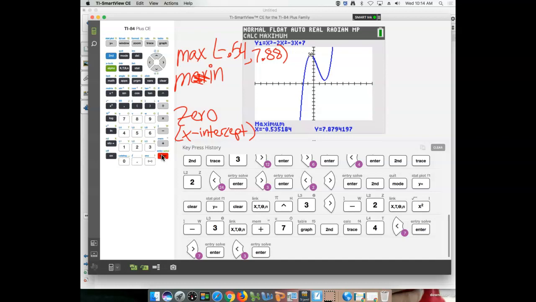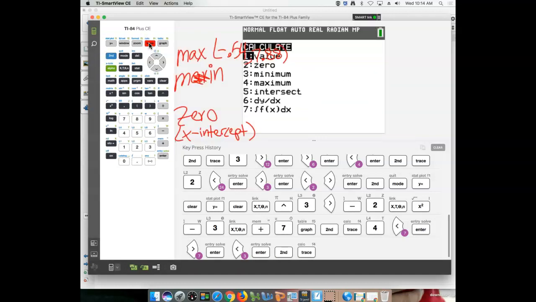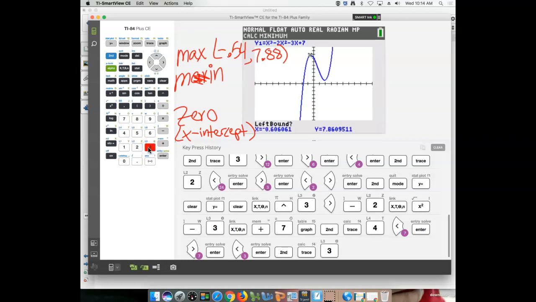So I'm going to hit second, trace. This time we're doing the min, so I'm going to do the third one. My cursor is way up here, so I have to get it closer to over here. So I'm going to hit right till I get over there. Is my cursor to the left of my min?